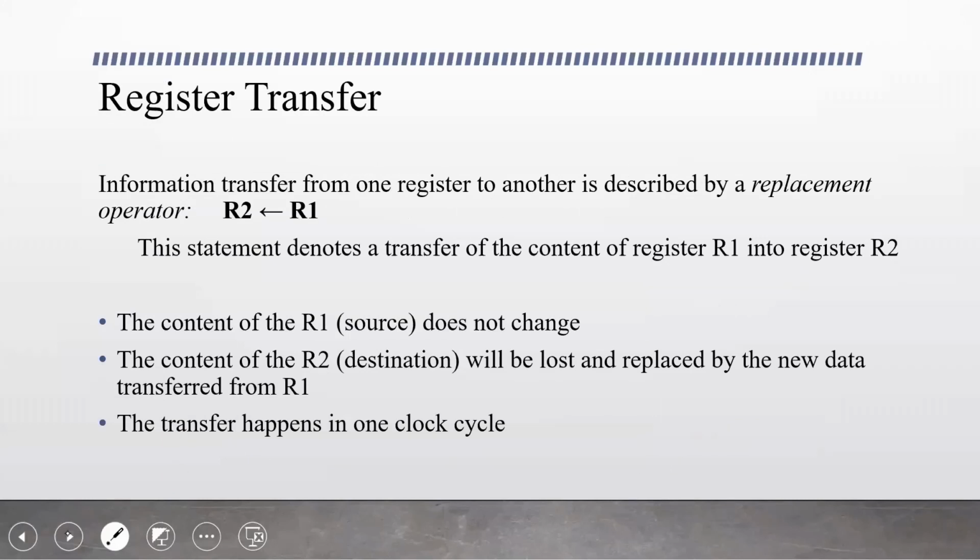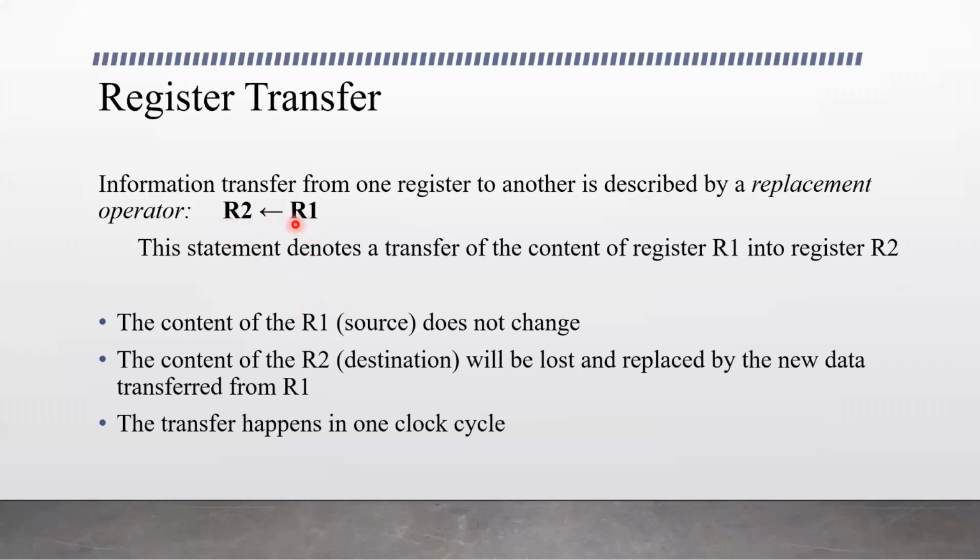Now the register transfer micro-operation transfers information from one register to another. It is described by this operator, which is called the replacement operator. The arrow used between the registers is the replacement operator. What this operation does is transfer the content of R1 into R2.